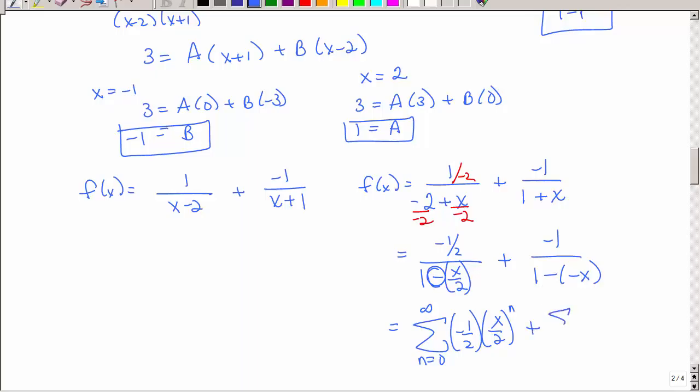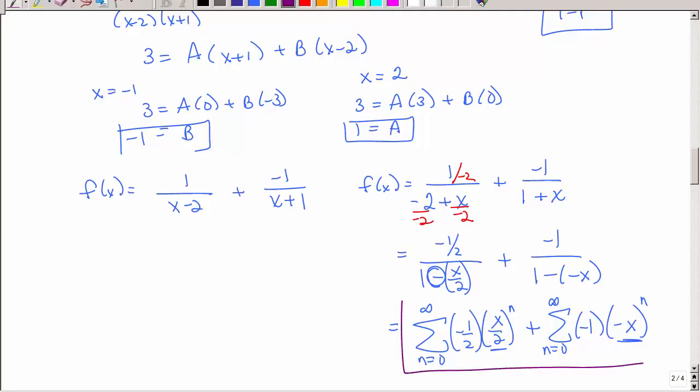Then I'm going to add it to my second power series, where a is negative 1 times r to the nth power. So that is how you could rewrite our initial function as the summation of two power series. I encourage you to graph the given function and the power series. You might need to look up how to do that on Desmos and see how they do agree.